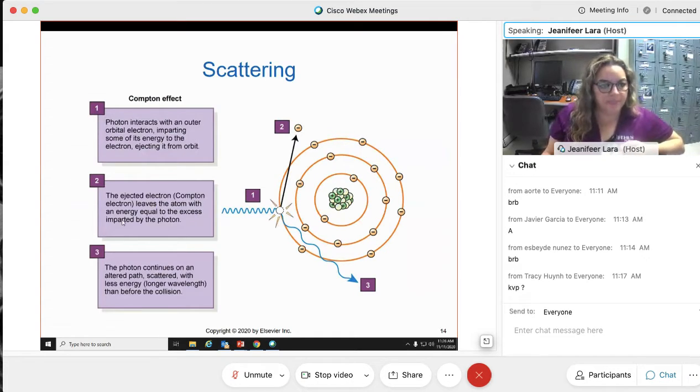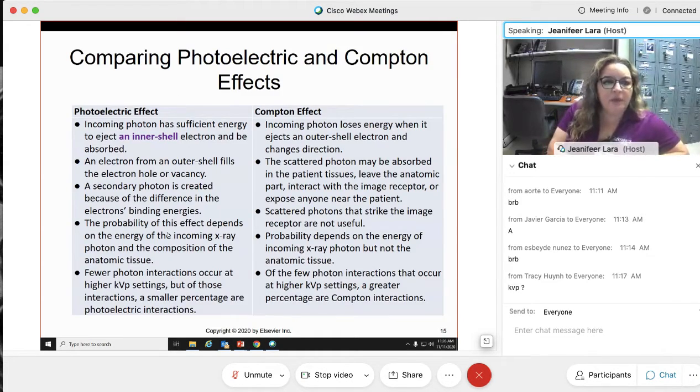Okay? So in your book, there is also a comparison of photoelectric versus Compton effects. Please go through that. Make sure that we have a great understanding of what that means, and that we understand the photoelectric effect is completely different from the Compton effect.